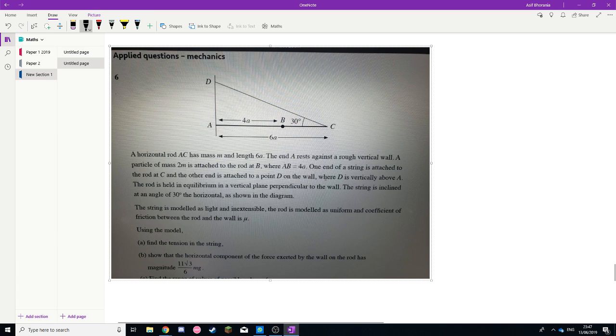This is basically the same thing though. 2mg, 30 is given to you.